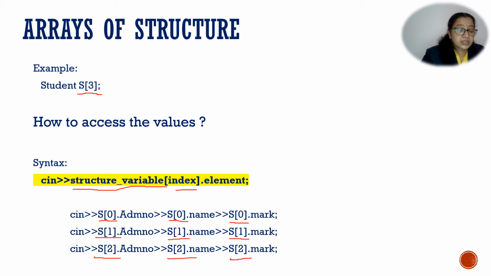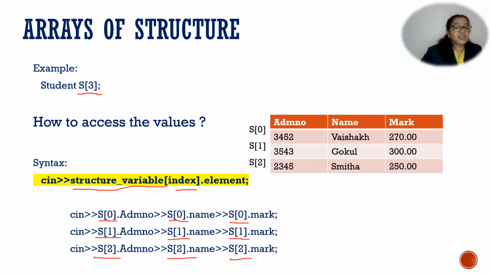Understood now? See, now we'll get the structure like this. Admission number is the first column name, name is the other one, mark is the third one. Then S of 0, S of 1, S of 2 are the rows we created. So S of 0: 3452 is the admission number, Vaishak is the name, 270.00. 3543 is the second student's admission number, Gokul is the name, 300 is mark.